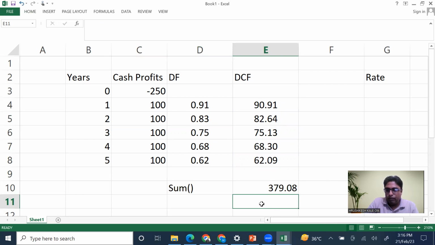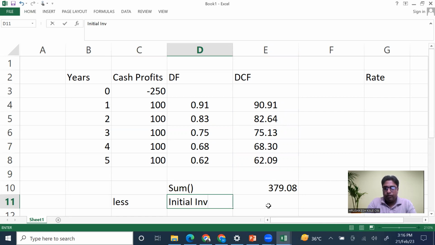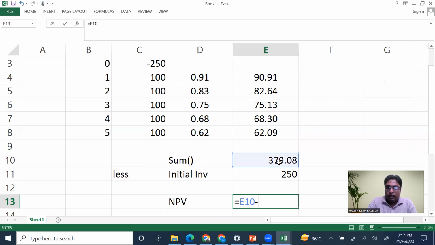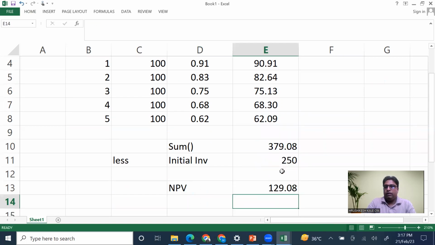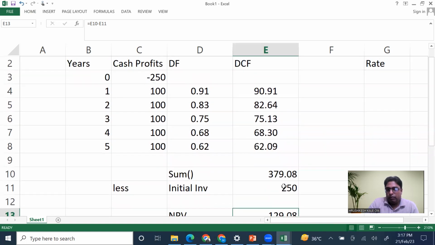And from that, you subtract your initial investment. How much was your initial investment? 250. What you get is your NPV, that is 129.08. Now, in Excel, you can directly calculate NPV.